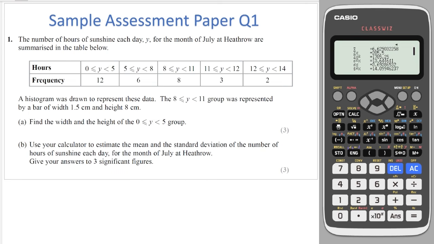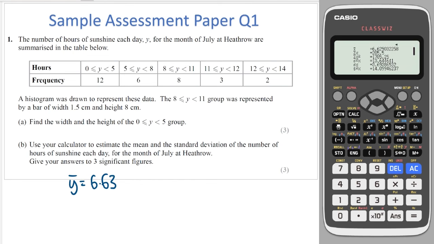So I was looking for the mean, which is x bar, which is 6.63 to 3 significant figures. So I could write x bar is equal to 6.63. And in fact, technically this is y bar because the variable here is y.